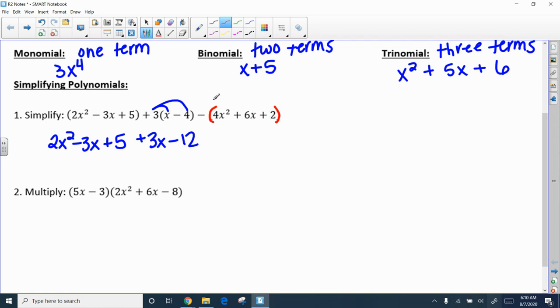A lot of people prefer to think about it with a coefficient of 1. Since I'm subtracting, I can actually distribute a negative 1 to all of these. That will give me a minus 4x squared, a minus 6x, and a minus 2. Okay, now I've gotten rid of all the parentheses. Now we just have to combine like terms.